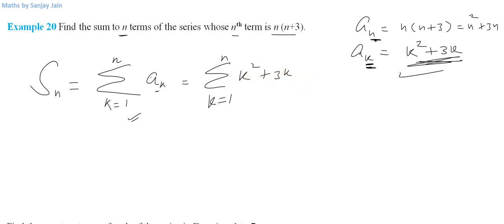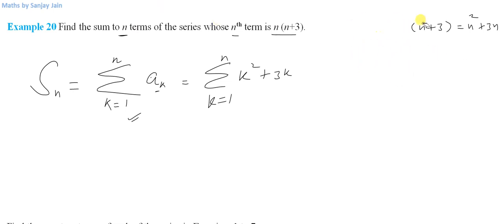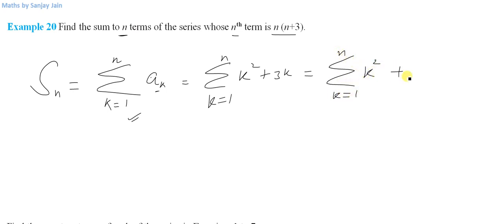Now let me separate these terms here itself so that we can save a lot of space. So this can be written as sum from k equal to 1 to n of k squared, plus 3 I am taking outside of sigma, sum from k equal to 1 to n of k, okay?